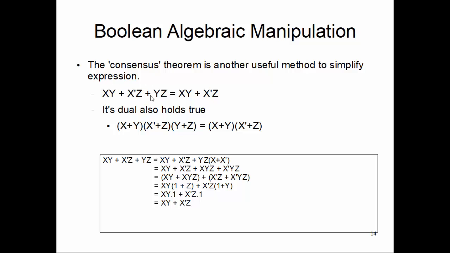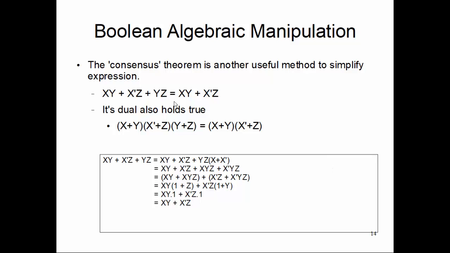In such a case we can drop this yz term straight away and reduce directly to xy or x bar z. If this holds, then its dual also holds. We just make the left hand side and right hand side dual, and that holds.